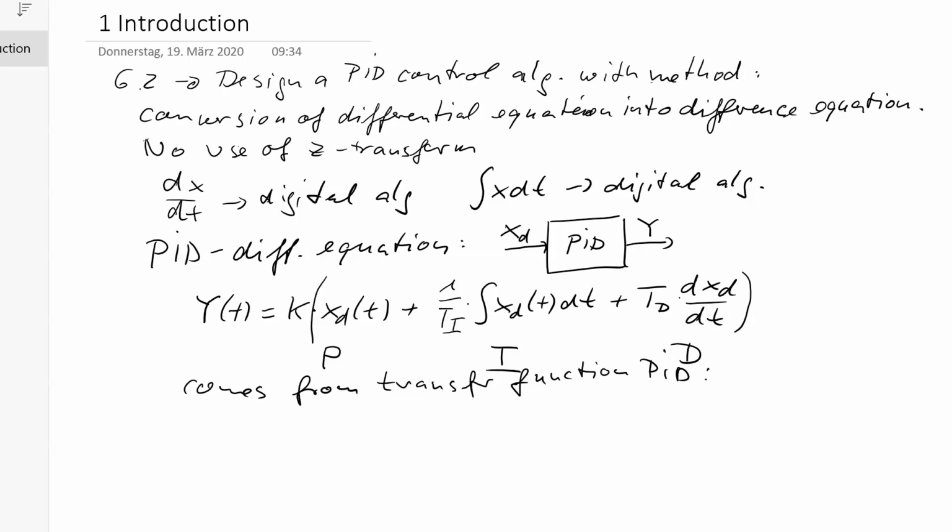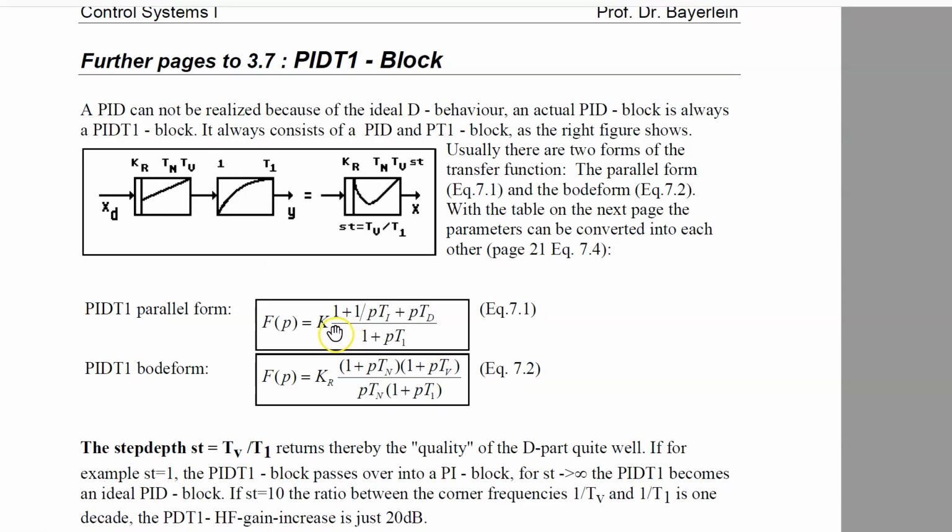PID. I just copy this: y of p, the output, divided by xd, the input, is called the transfer function F of p of the PID, which, if we look into the workbook, is k times 1 plus 1 over pT1 plus p times td.